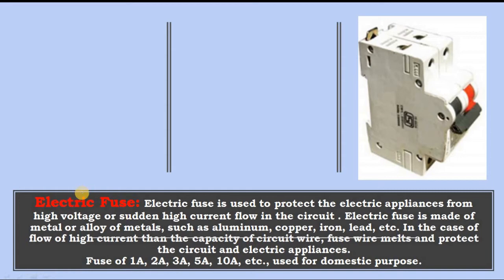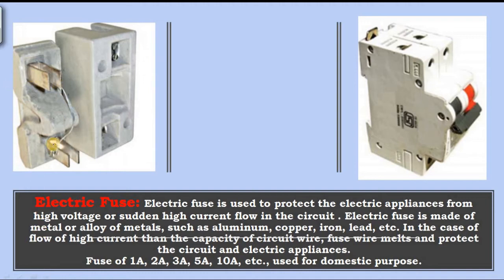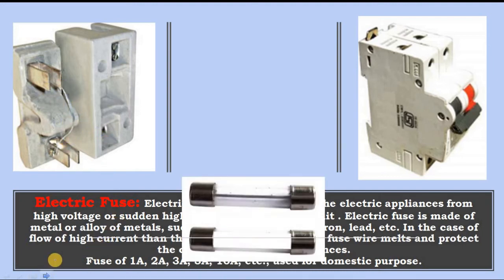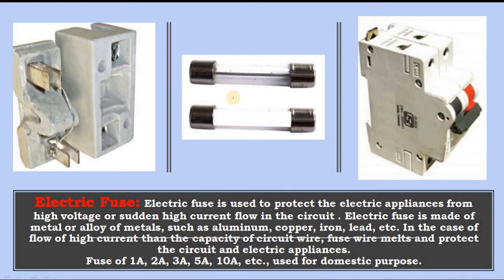So here we take some different types of electric fuses we have. This is an MCB, you can see, and here is the older type of electric fuse, where a gray colored wire is fitted. Okay, and another type of fuse is used in your televisions and some small appliances, mostly with a capacity of 5 ampere only, 2 ampere, 3 ampere or 7, 8 amperes.